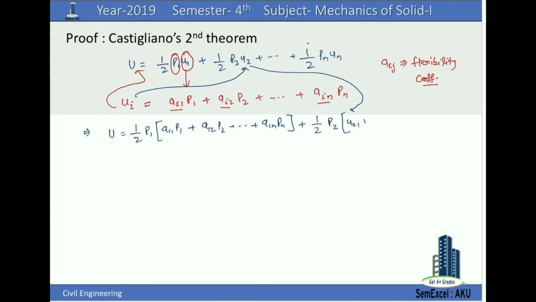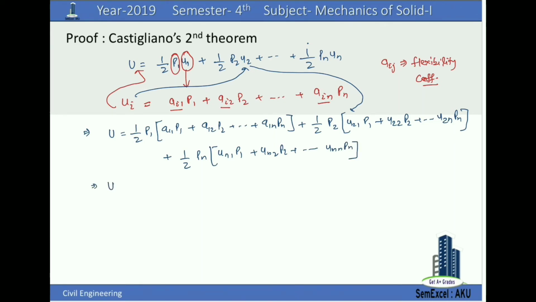U2 will be equal to a21 P1 plus a22 P2 plus same and a2n Pn. Similarly, half of an1 P1 plus an2 P2, similar manner Pn.